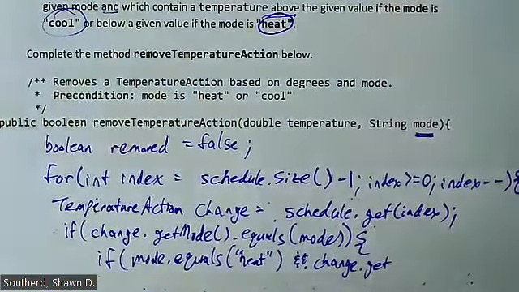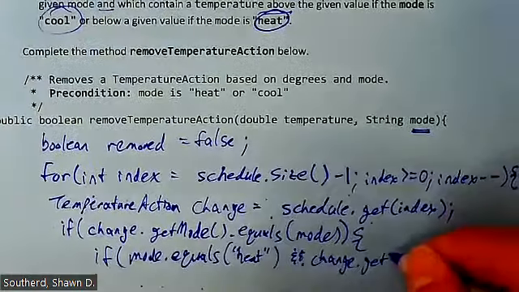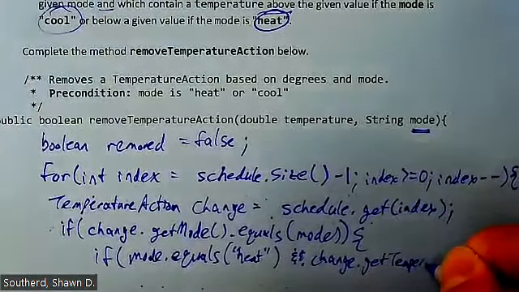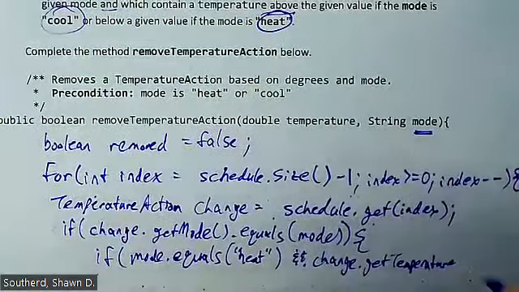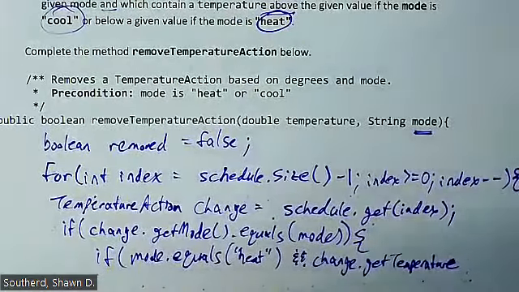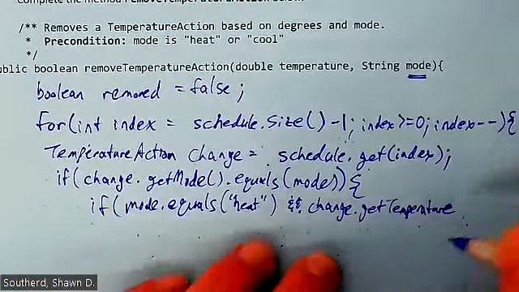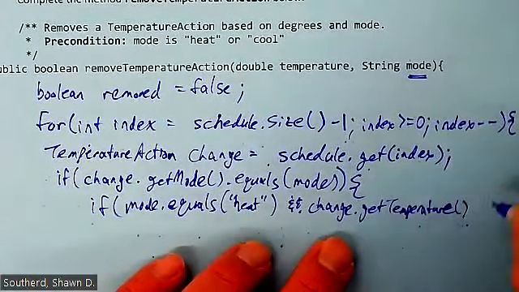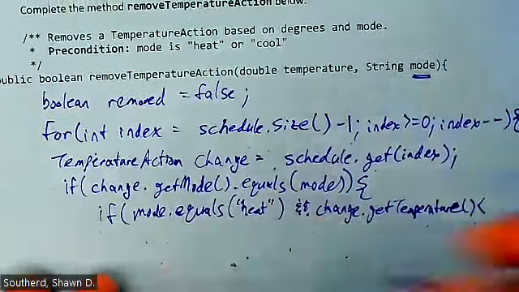Then we need to make sure we get that temperature in change, and compare whether that's greater than the temperature in the parameter. Oh, sorry, this is for heat, so it has to be less than the actual temperature.